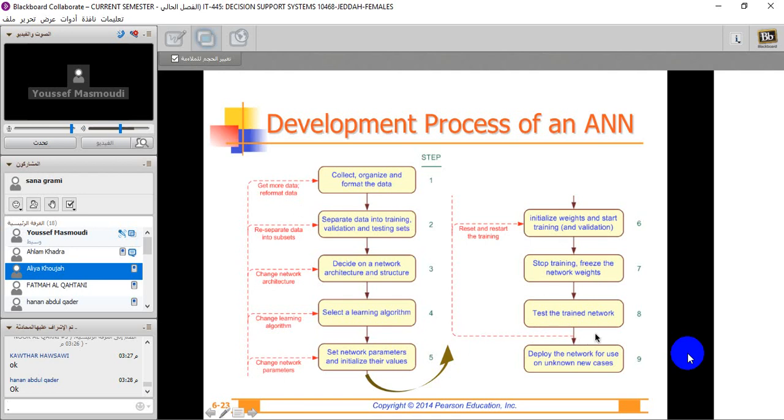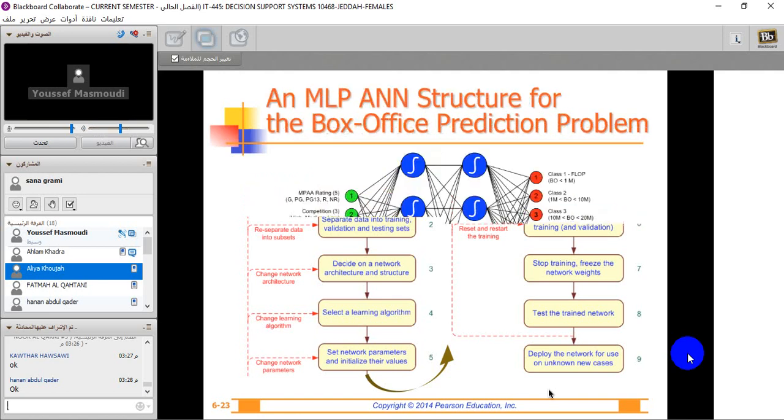If the result is satisfactory, then you will deploy the network for use on unknown new cases. That means you will have a network with fixed parameters. So you fix the parameters, the weights of the input, etc., and you can apply this model to a new case that may arise.